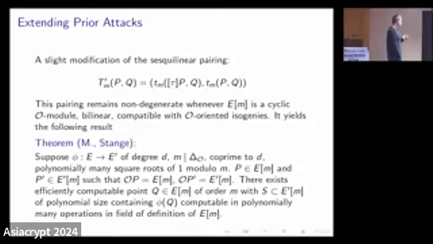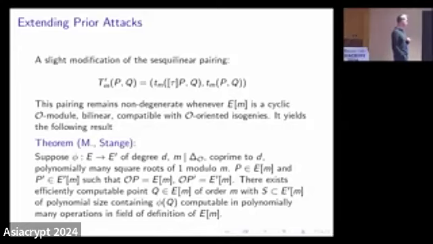So if we make just a slight modification of the sesquilinear pairing, we still retain several of the nice properties that we would like. In particular, this pairing remains non-degenerate as long as the M torsion is cyclic as an O module. And we have the following result.